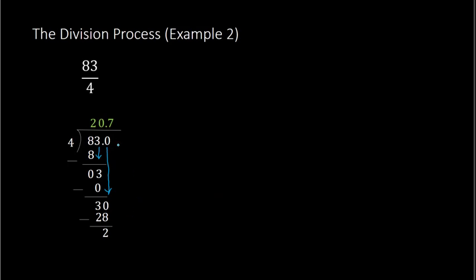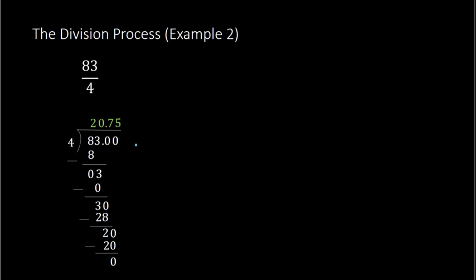Which means we can continue on and put another 0 after the 83, and then bring that extra 0 down to now have 20, and then repeat the process again. How many times does 4 go into 20? That goes in 5 times exactly. So let's put a 5 up here, and then multiply 5 times the 4 to get 20.